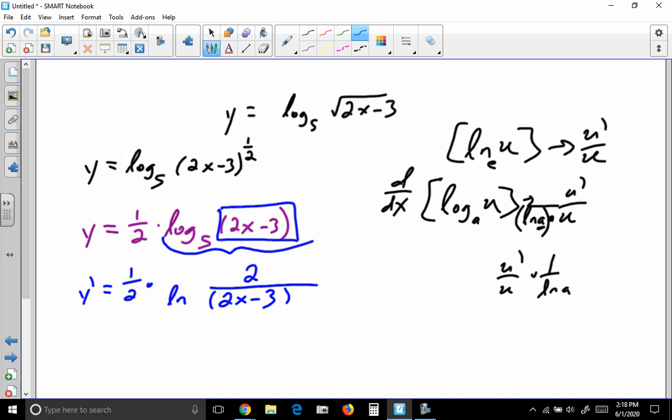Well, what is a in this case? A is our base, so natural log of 5. Notice that this 2 here and that 2 there. If we simplify that, we're left with 1 over natural log of 5 times 2x minus 3. So that's our derivative of that log.